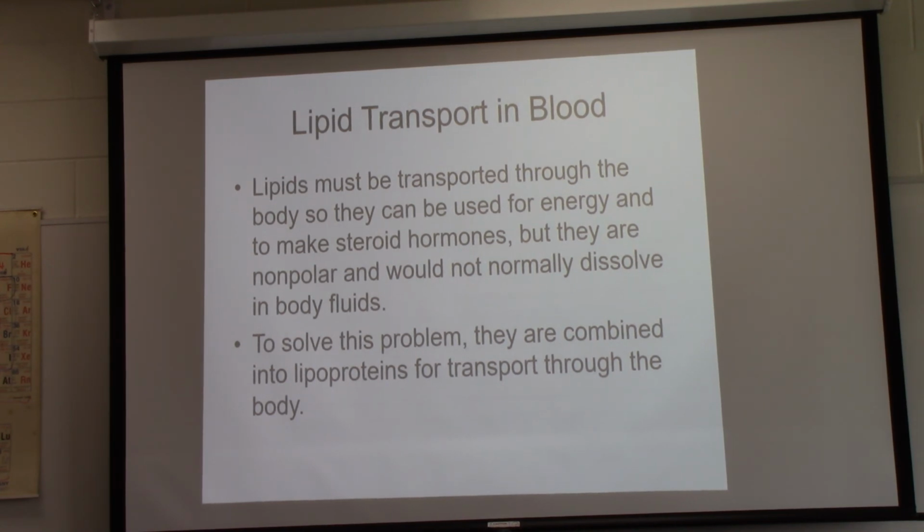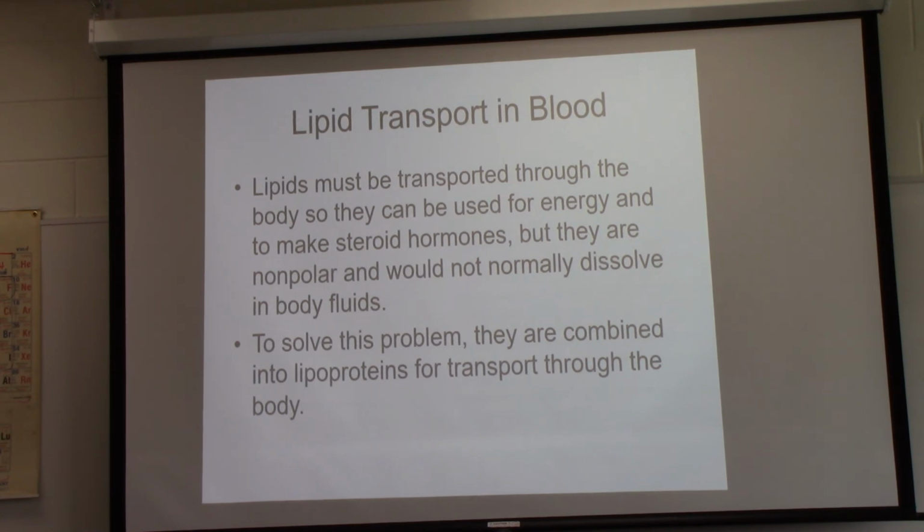Okay, and it's not going to move anywhere. So what has to happen? Lipids must be transported through the body so they can be used for energy and to make steroids, but they are nonpolar and not normally dissolved in body fluids.